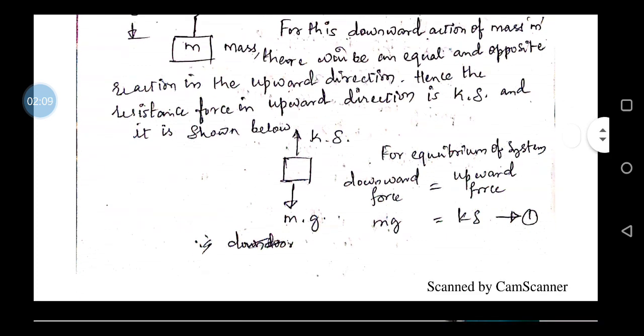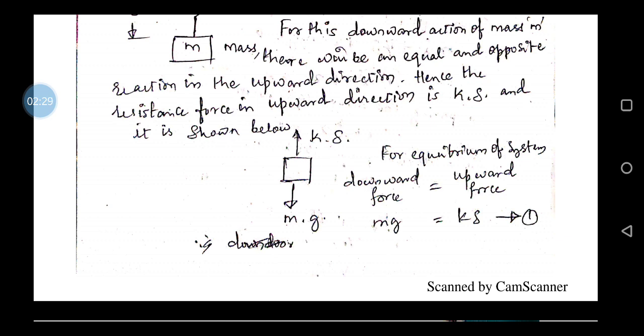It is shown in the figure here. The free body diagram shows that when I apply the mass to the spring, the weight acts in the downward direction, which is m into g.